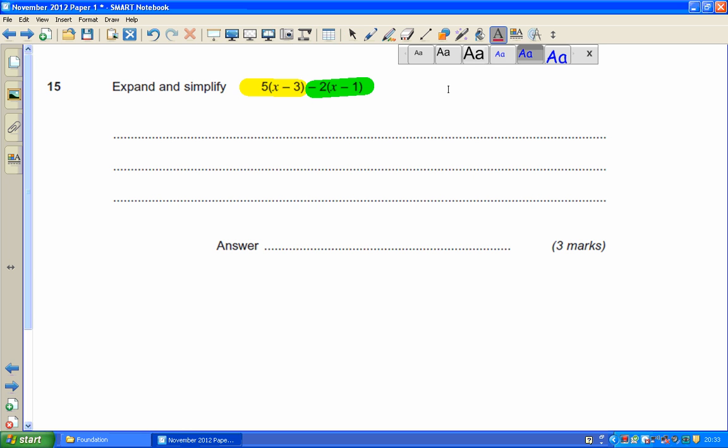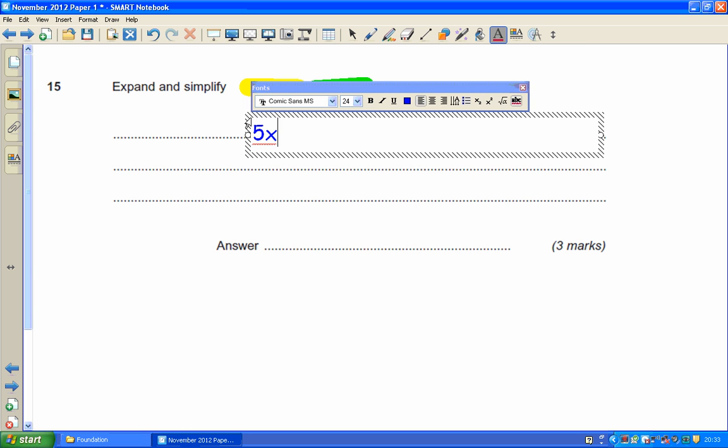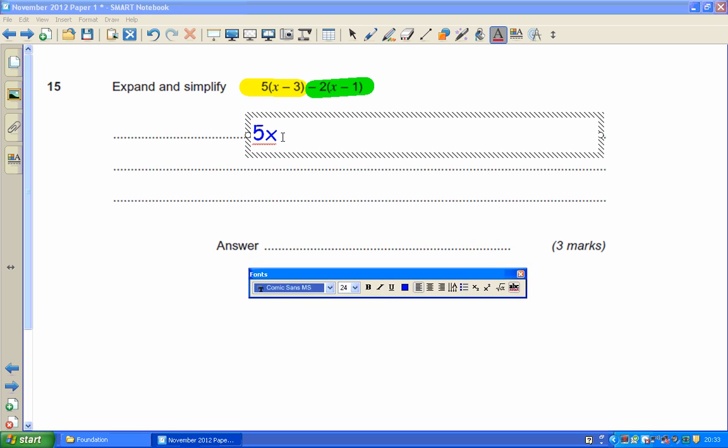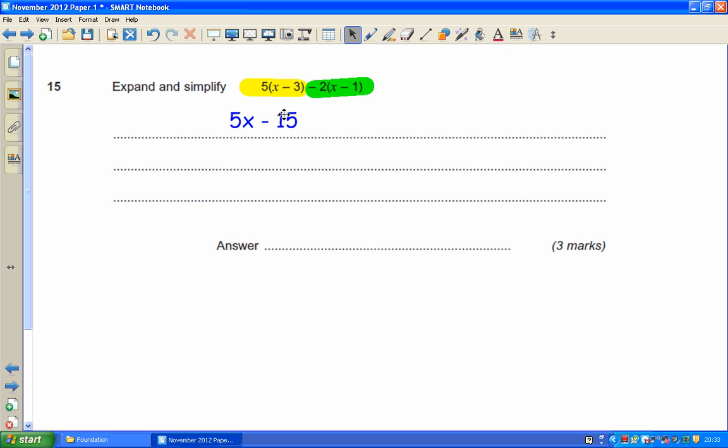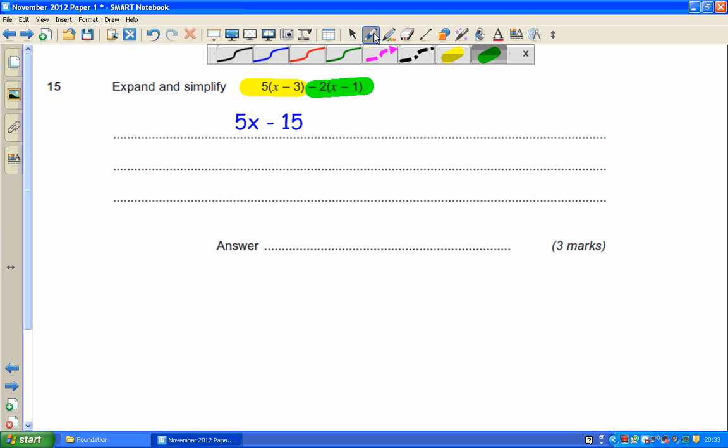So first job, 5 times by x, well, that's going to be 5x. Then we put a minus sign down, and 5 times by 3 is 15. So that's the yellow section dealt with.